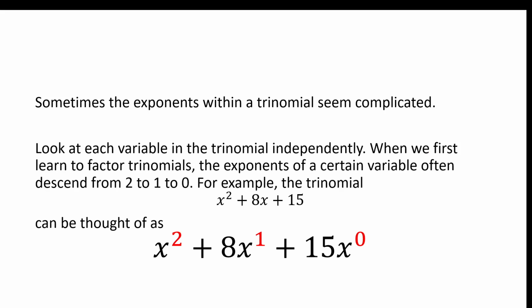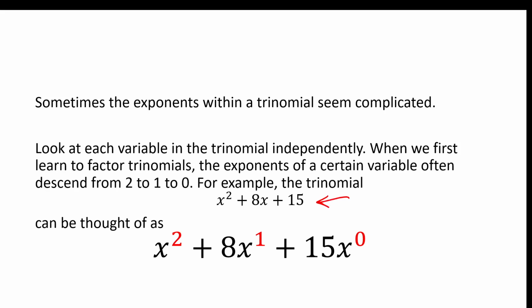Now, sometimes the exponents within a trinomial seem complicated. Well, let's start this discussion with the simplest example of exponents in a trinomial as we've been doing them so far, when we have a situation like x squared plus 8x plus 15.